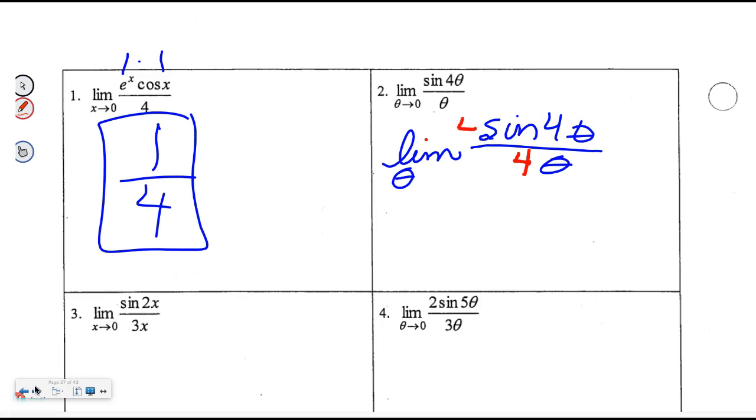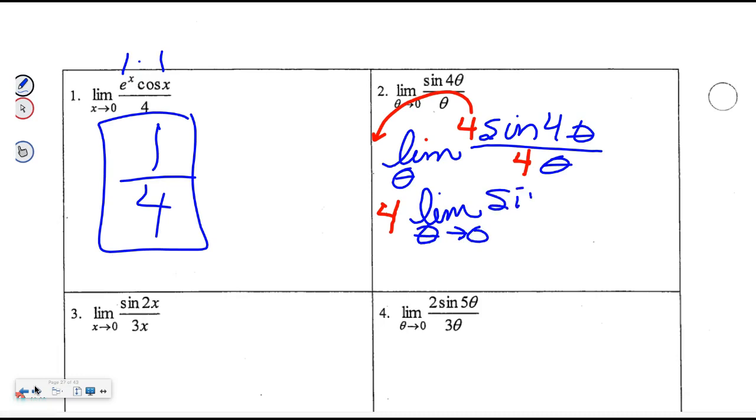So really, what is that red stuff that I just wrote? The red stuff is really what? 1. That's legal. We multiply by 1 disguised as many different things. There's the property from last week that said constants can come out front of the limit. So I'm going to pull the top one out of the way. When I do a rewrite on this, I'll have 4, and then I'll have that limit from the original problem.